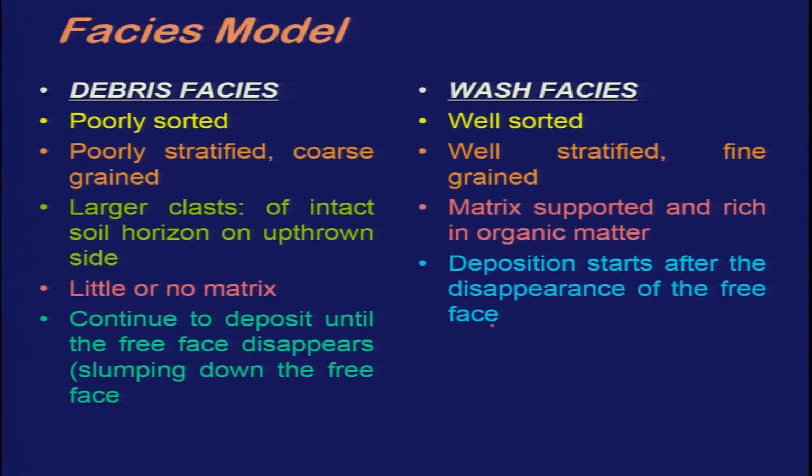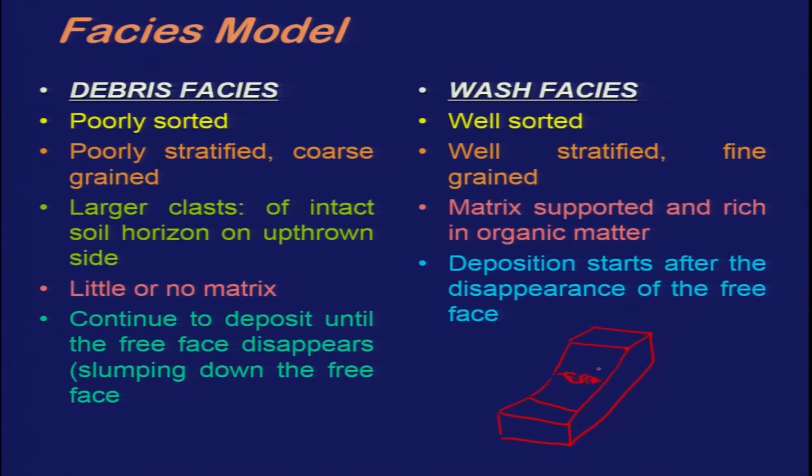If you refer to the previous slide, you had the surface here, and then the surface over here which was shown, and then in this slope you have all debris.